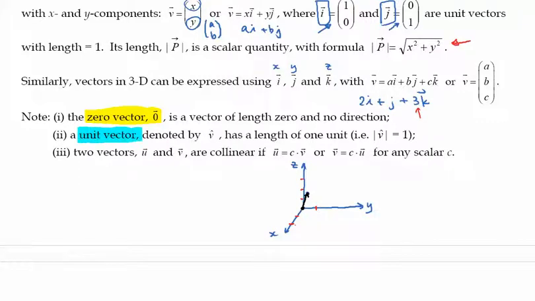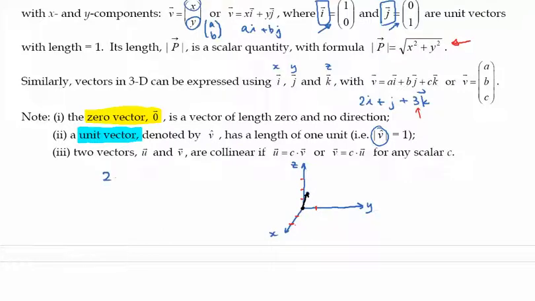So that would take away the magnitude of your vector, simply to describe the direction of your vector. And you can come up with the direction of the vector and not using the length by dividing your vector with its length.